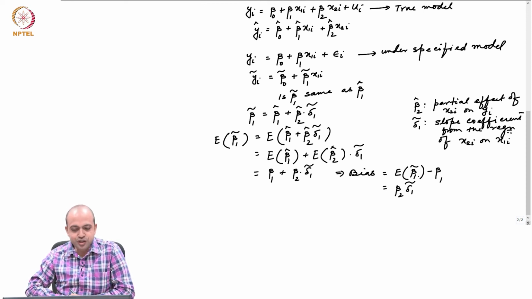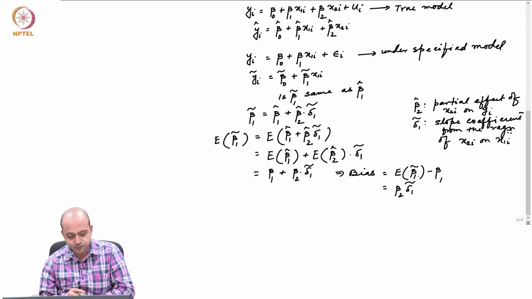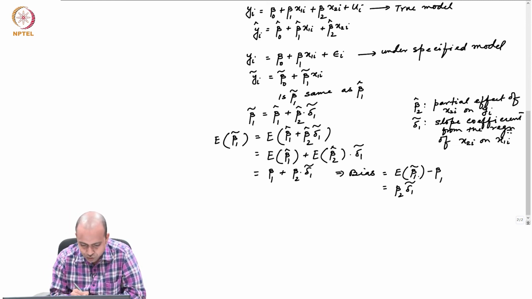So the question we were asking earlier, whether beta 1 tilde is the same as beta 1 hat, they are actually not the same, because look here, expectation of beta 1 tilde equals beta 1 plus beta 2 delta 1 tilde. Now, when would there be no bias? That means the bias would become 0.